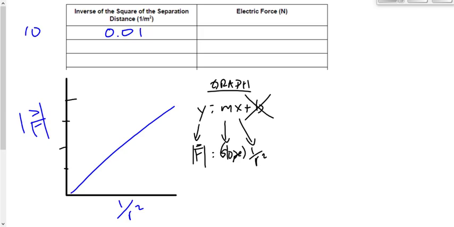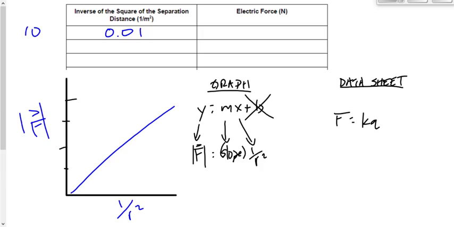Now, in the first lab that you did, you had to derive an equation with those variables in it. Nice thing about this one is that equation is already given to us on our data sheet. What equation on our data sheet has both F and r squared in it, in the context of electricity?